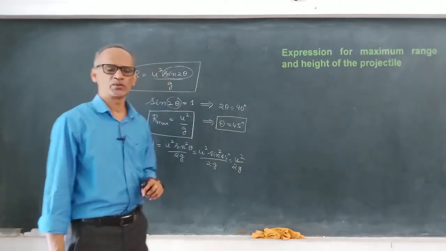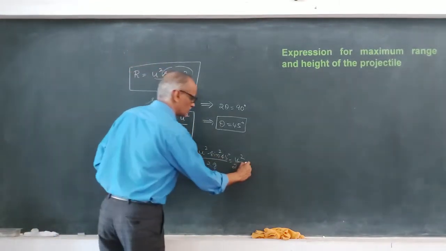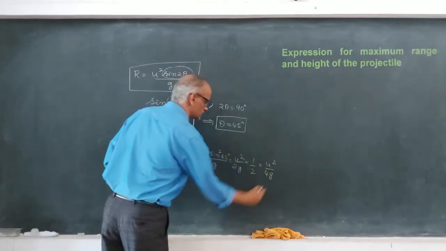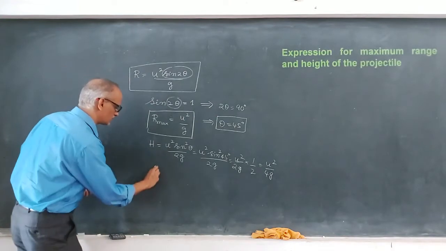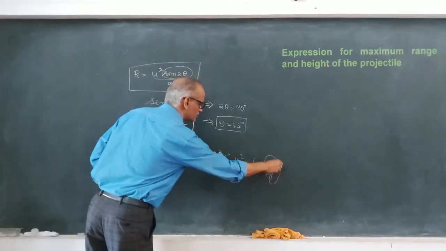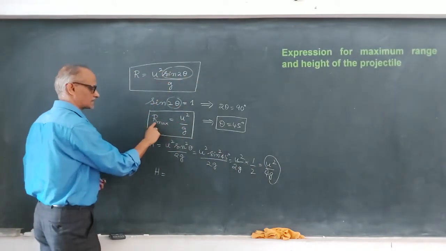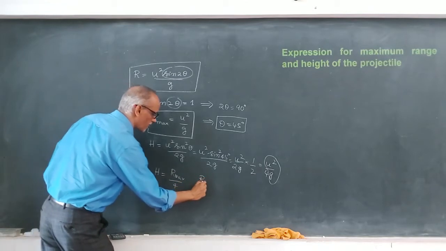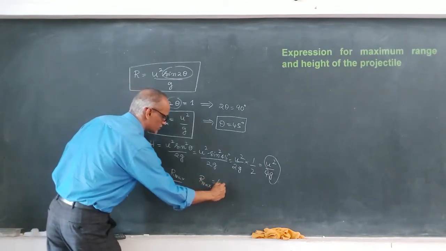Sine 45 is 1 by root 2. Square of it will give you 1 by 2. So therefore, you will get u square by 4g. But we know that here u square by g is nothing but R max. So h is R max by 4, or R max is equal to 4h.